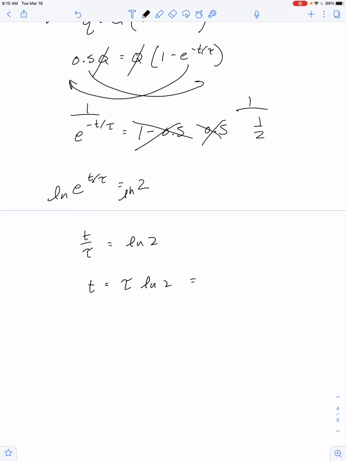So that's 4 minutes, or 240 seconds, multiplied by natural log of 2, which gives us about 166 seconds, or if you want, 2 minutes and 46 seconds.